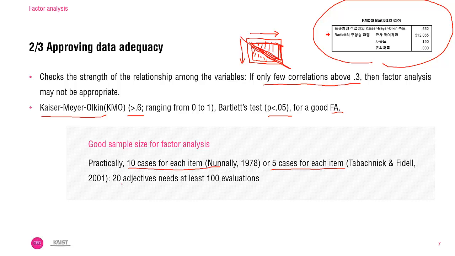For instance, in our survey, I used 20 adjectives, so ideally I should have had at least 100 evaluations. In our case, not every student participated as I requested, so I had only 70 evaluations, so the sample size was only 70, but nevertheless, with that data, I could pass the adequacy test.